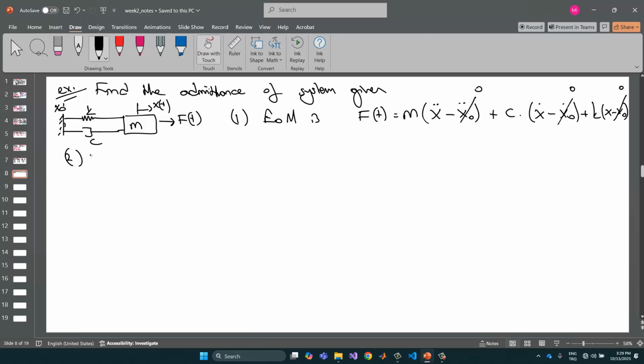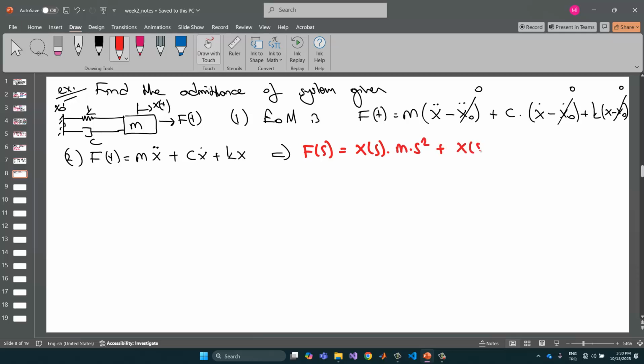In the second place, how can we write this in terms of the transfer function or the Laplace domain? If we take the Laplace transform, F(s) equals X(s) times Ms square plus Cs plus K, right?